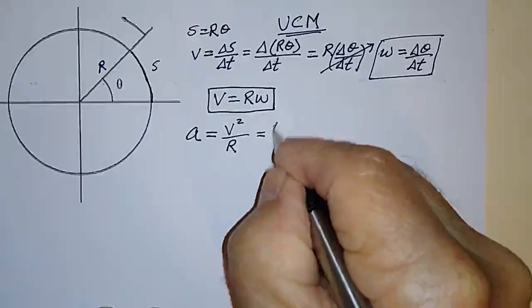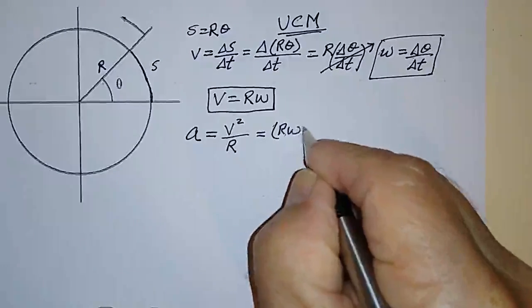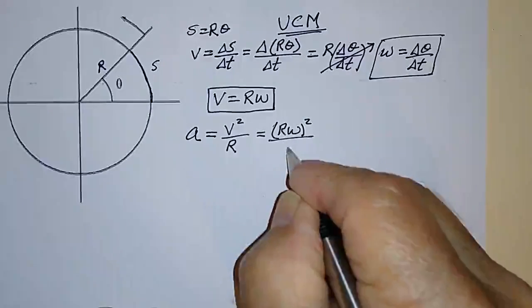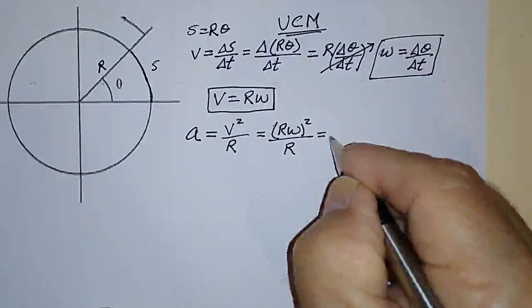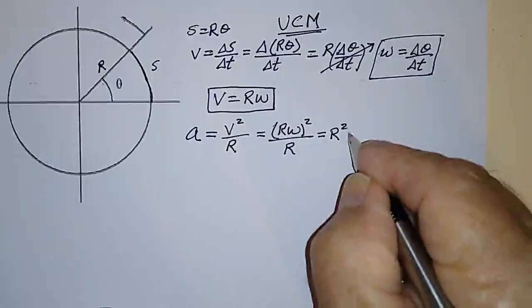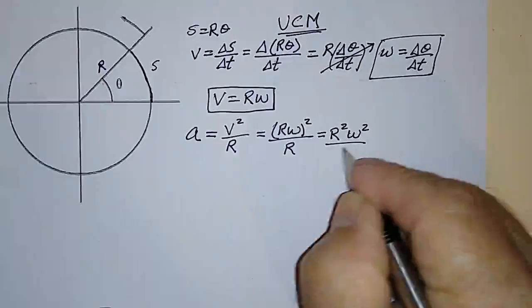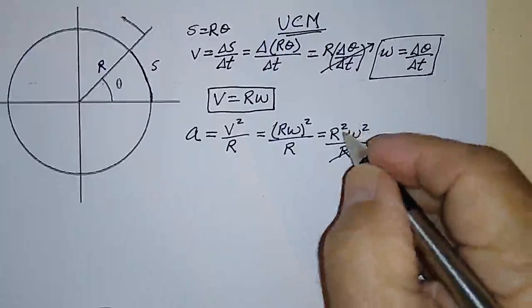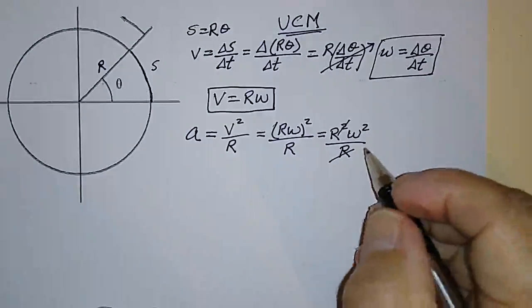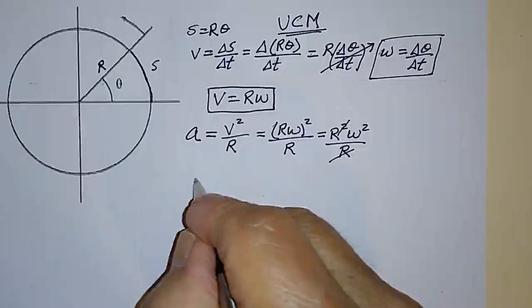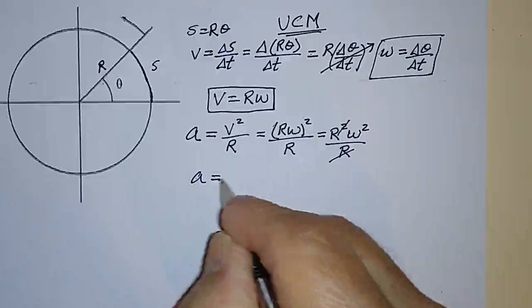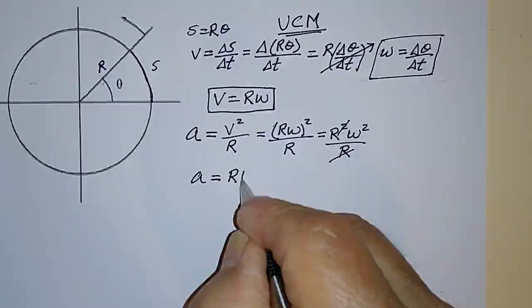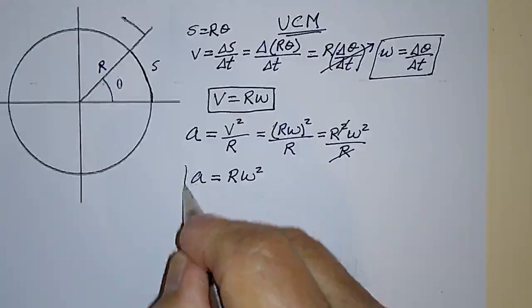But if I put in for v, r omega, square that over r, this is equal to r squared omega squared over r, and the r cancels one of those out, so that the centripetal acceleration is equal to r times omega squared.